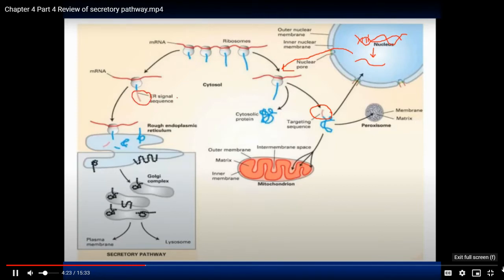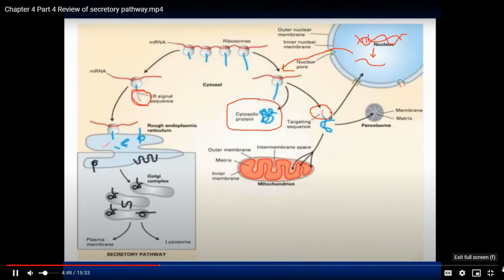The cell has other proteins that are kind of monitoring all of this. The target sequence is going to either say this is a cytoplasmic protein or say this is a secreted protein. If the target says cytoplasm, the whole protein is going to be made in the cytoplasm and just be squirted straight into the cytoplasm.